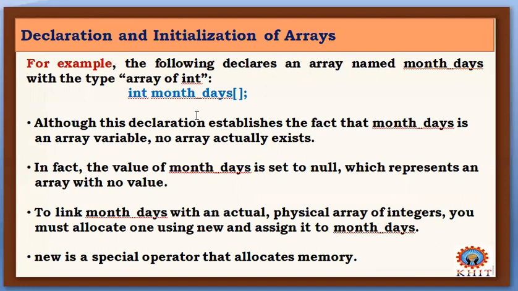So here the name taken is month underscore days. The name of the array is month_days. It's a somewhat lengthy name, but you should make sure that whatever values you are going to store in that array will reflect the name. Okay, so month_days.